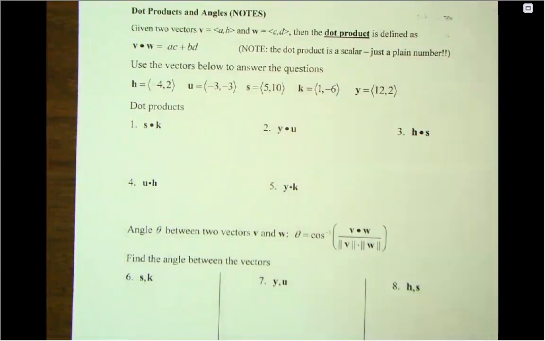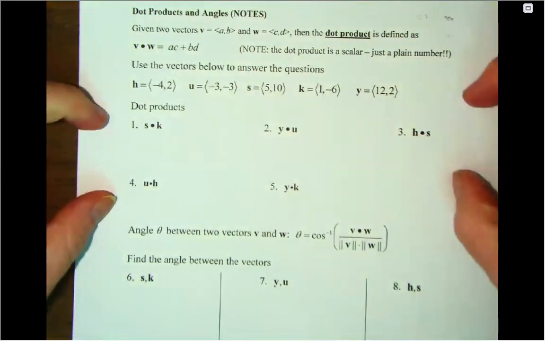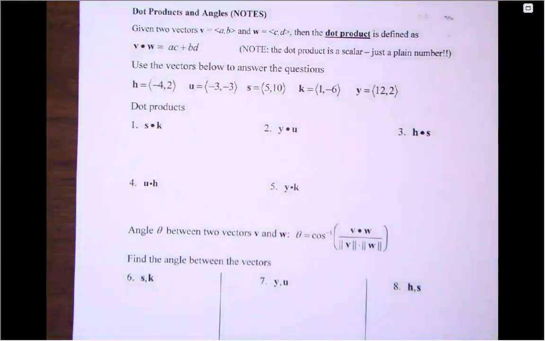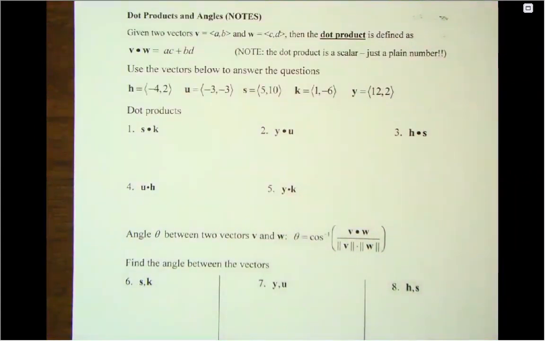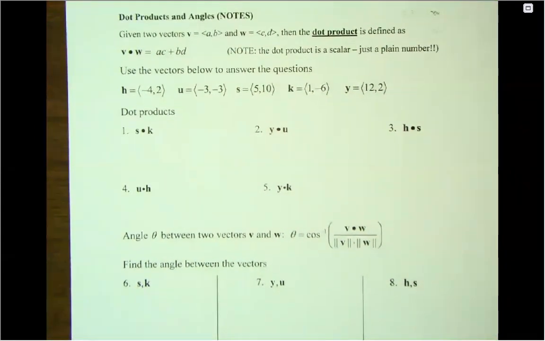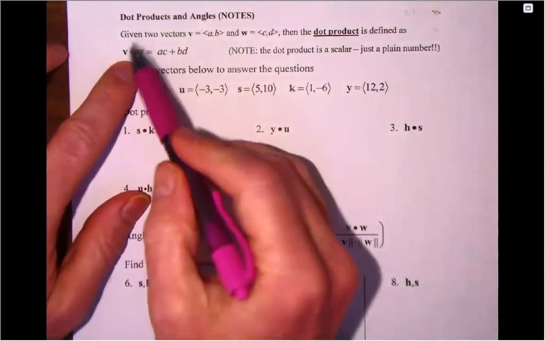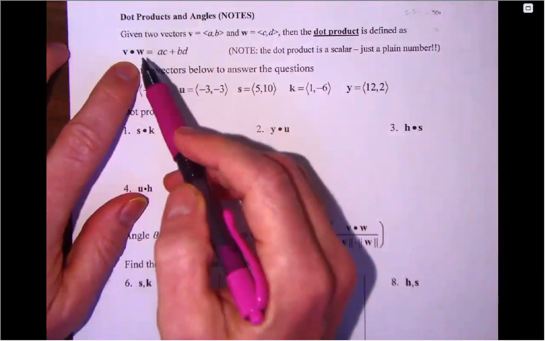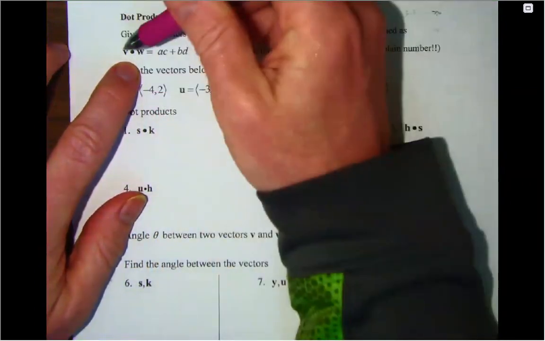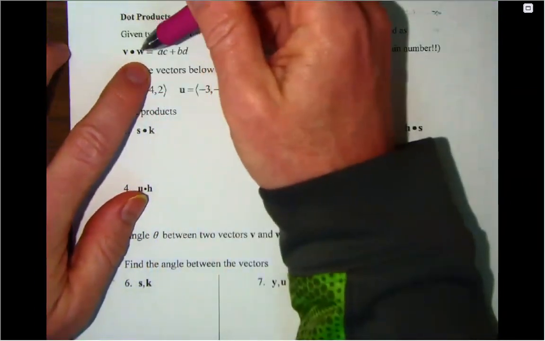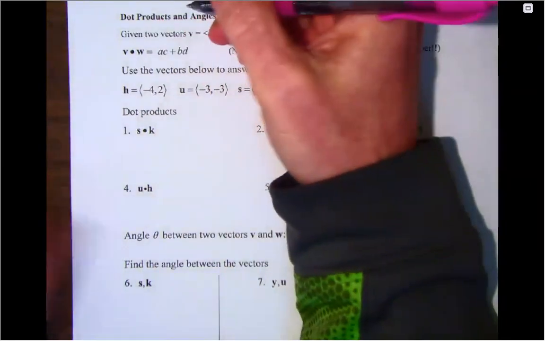Okay. And then once we know how to find the dot product, we can use the dot product to do a couple other things, which again, we'll talk about in a couple minutes. So what is the dot product? Well, it's notated by, go figure, a dot. So if you see a vector dot another vector, that's what it means. That's our dot product.